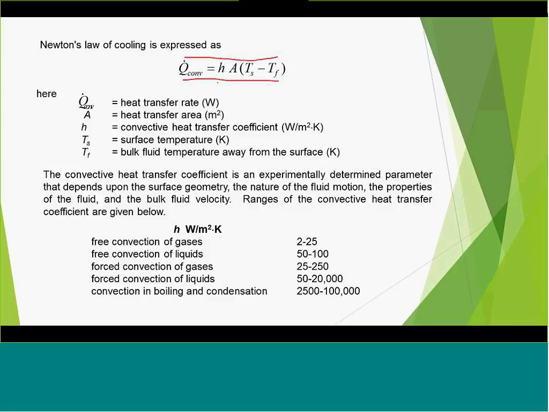A is the heat transfer area, h is the convective heat transfer coefficient, and we have the surface temperature and also the bulk fluid temperature away from the surface. Normally there are heat transfer coefficient values for free convection of gases and liquids, so you're going to have different ranges for that.